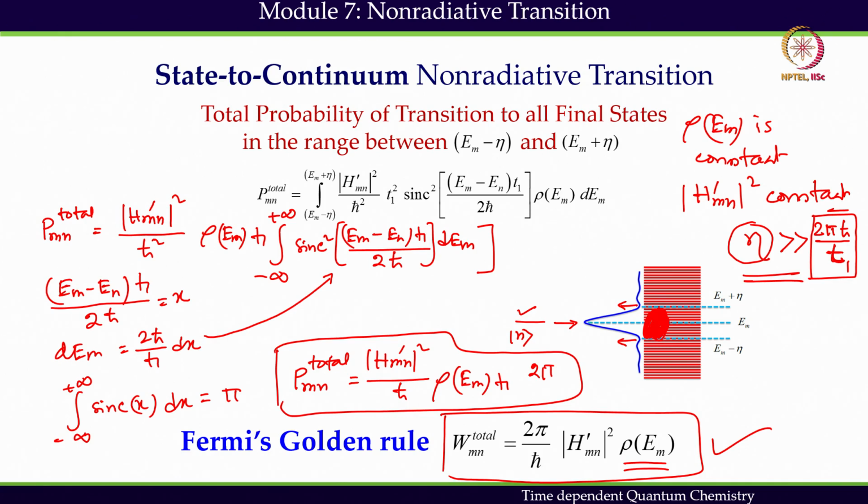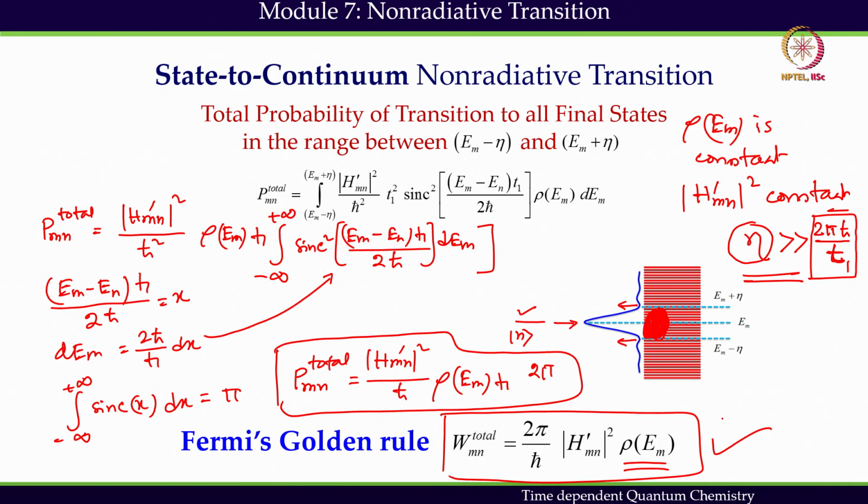But we remind here that this rule, Fermi's golden rule for the state to continuum transition, the derivation has been done under the assumption that I have available states much larger than where I can transfer the population. So within this limit, I'll be able to get this.